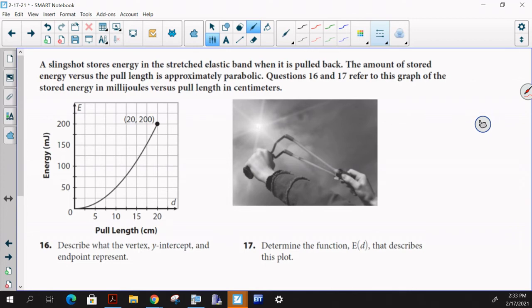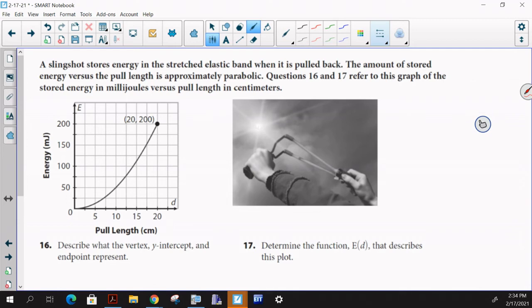In fact, what this is telling us is that it stores energy based on how far back you pull the slingshot. The farther back you pull it, the more energy that's there, and the more force whatever object you're launching with that slingshot will have.